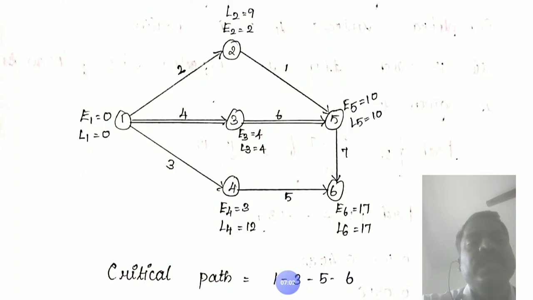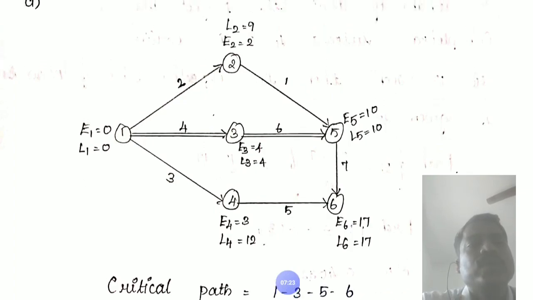First we find the earliest time. Earliest time means E1, E2, E3, etc. For the node 1 of activity 1 to 2, 1 to 3, 1 to 4, the earliest time of node 1 is 0.